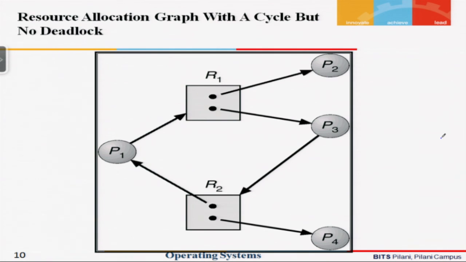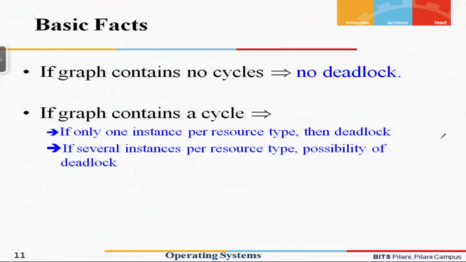certain results which we have observed from a resource allocation graph. So we say certain basic facts. If the graph contains no cycle, then there is not going to be a deadlock. That is a fact. If there are no cycles, then there is no deadlock.